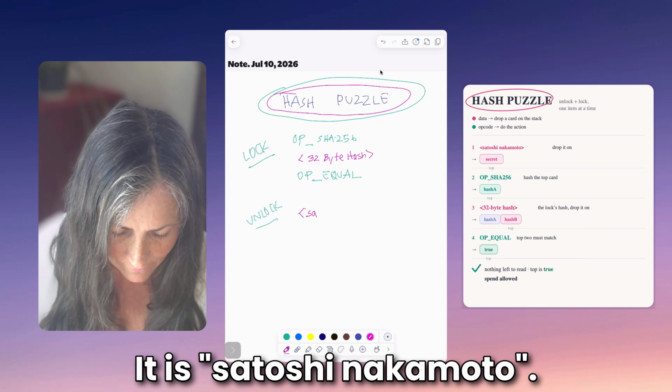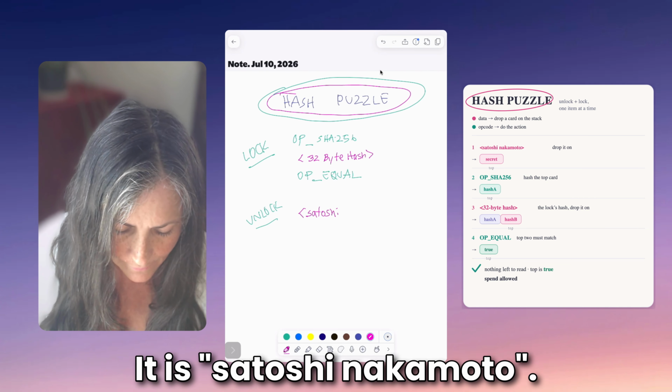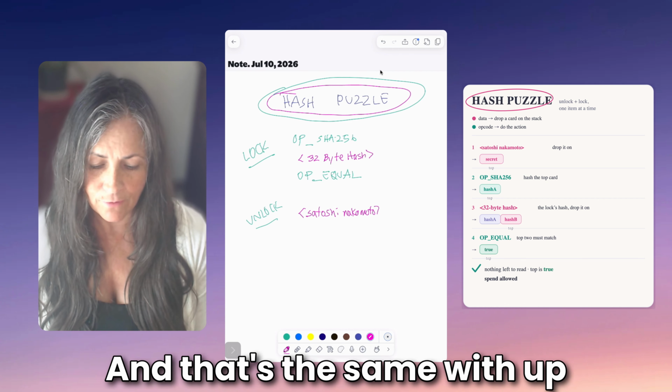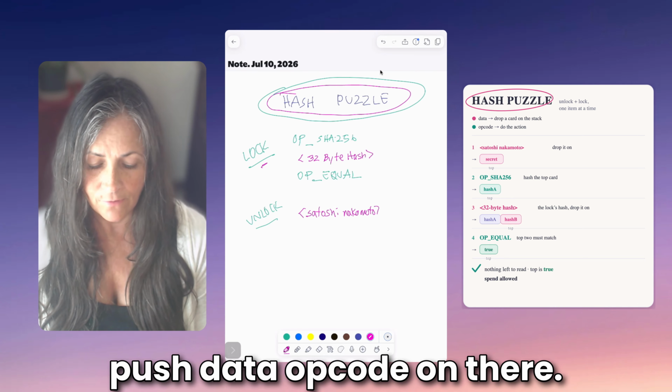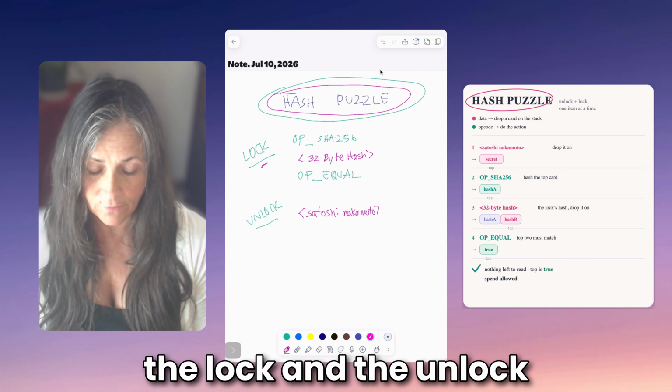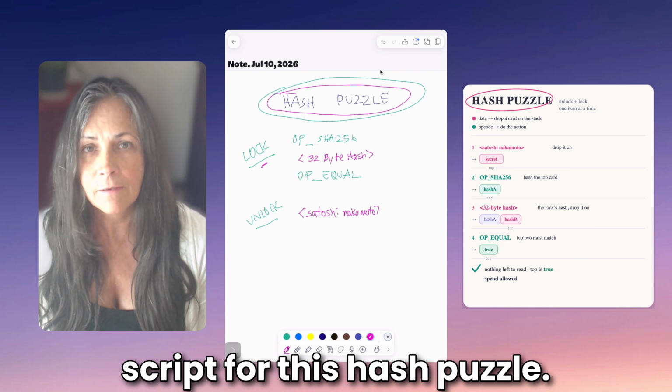It is Satoshi Nakamoto. Okay, that's the whole unlock script. I mean, there's a tiny little push data opcode on there, but you don't have to worry about that. And that's the same up here in the lock script, that there would be a tiny little push data opcode on there. But for all intents and purposes, this is the lock and the unlock script for this hash puzzle.